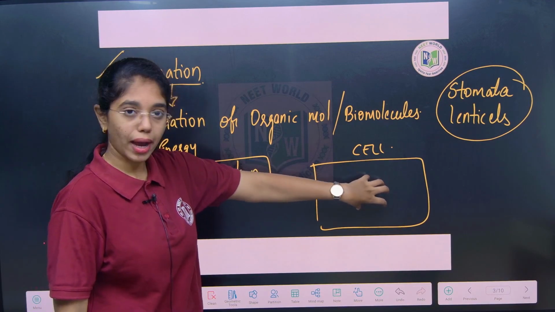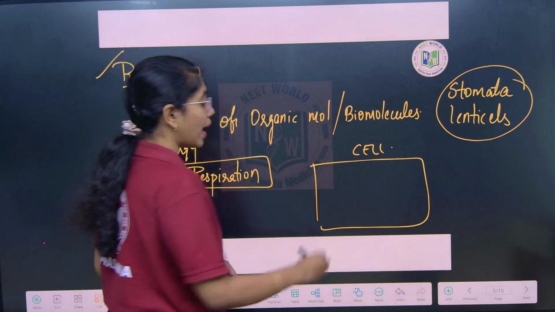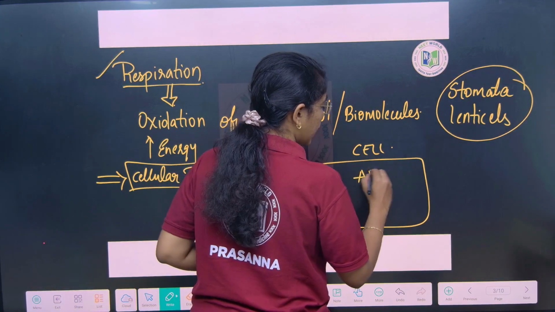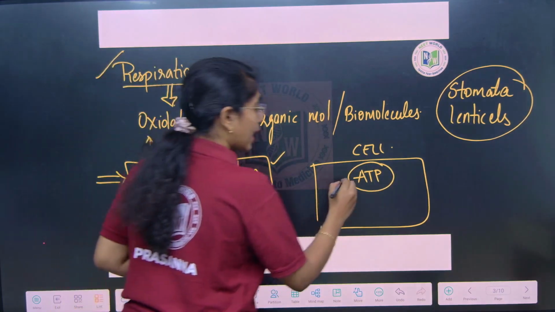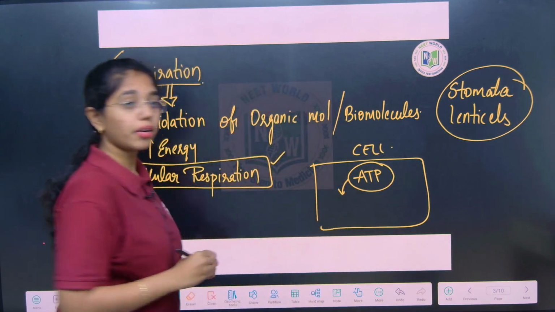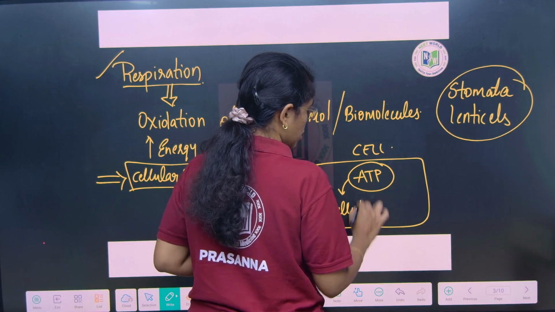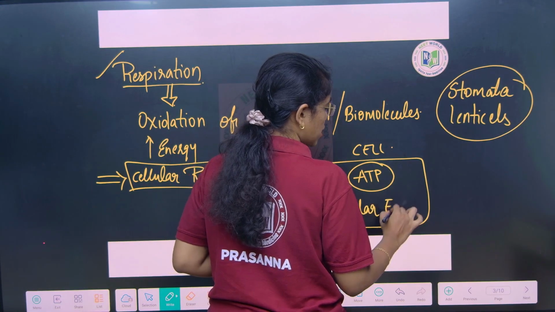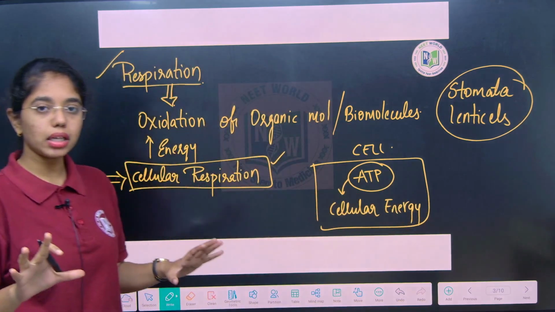Oxidation of biomacromolecules inside a cell and producing of energy in the form of ATP is known as cellular respiration. And ATP, that is adenosine triphosphate, is addressed as cellular energy. Now, I hope you are clear with the terms, right?